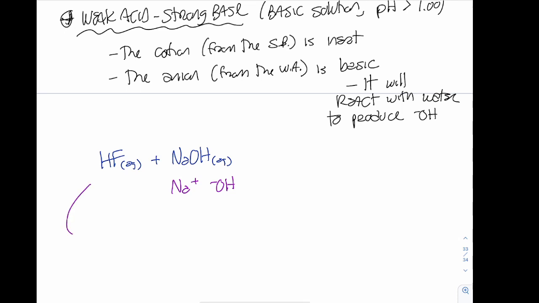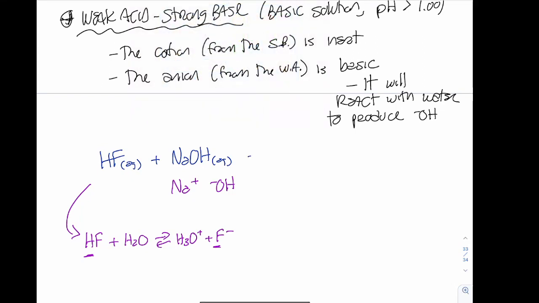If I wanted to look a little closer at HF, it reacts with water to produce hydronium ions plus F-. If I was to do a beaker drawing of that, I have both of those in solution. So when I write my net ionic equation, I'm going to keep it together. It's not completely ionized.